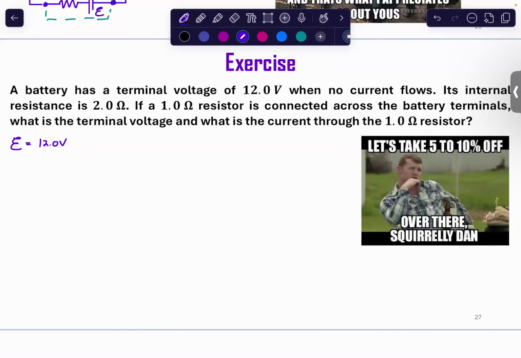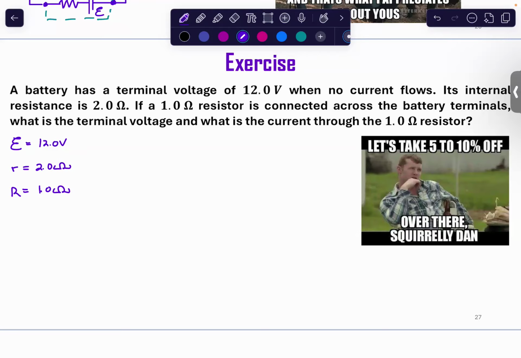It has an internal resistance of 2 ohms, and a 1.0 resistor is connected across the battery terminals. What is the terminal voltage? Let's see.